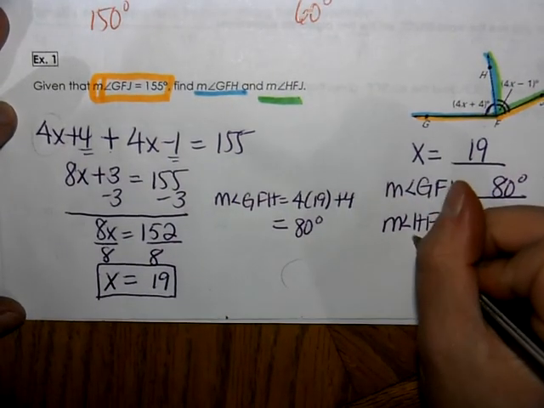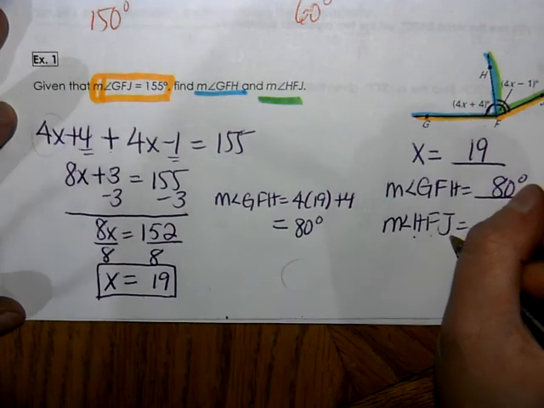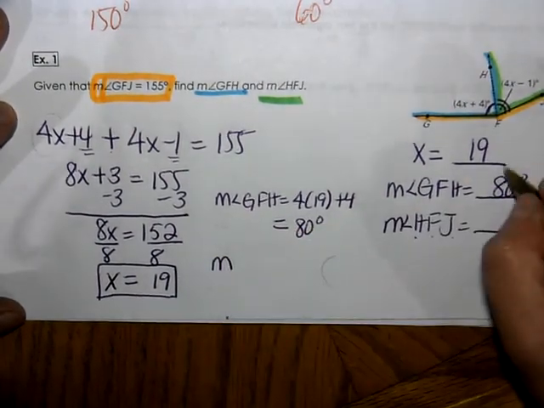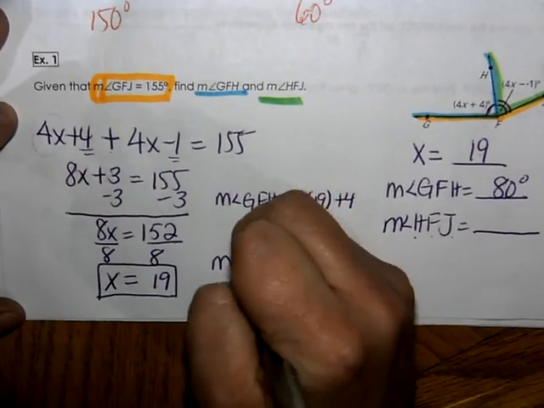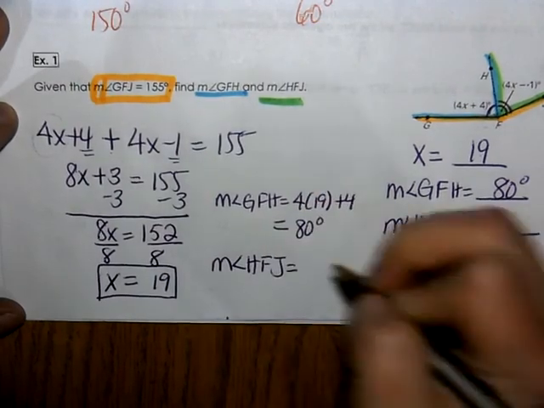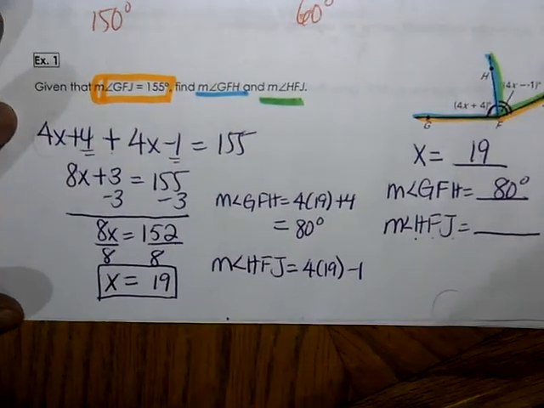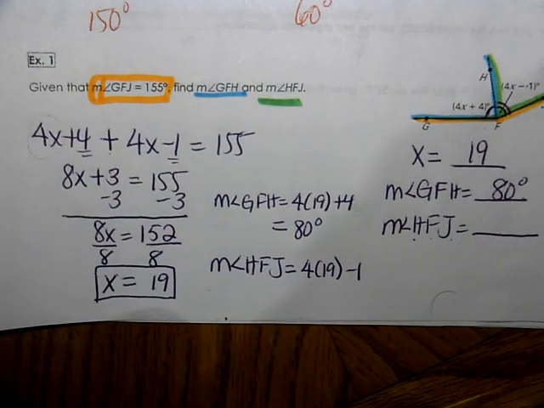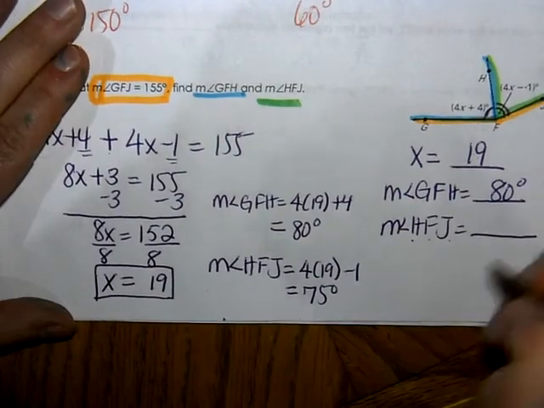Now, to find the measure of angle HFJ, there are two approaches. One approach is to substitute 19 back into the original expression. So the measure of angle HFJ is equal to 4 times 19 minus 1, which, if you put that into your calculator, is 75 degrees.